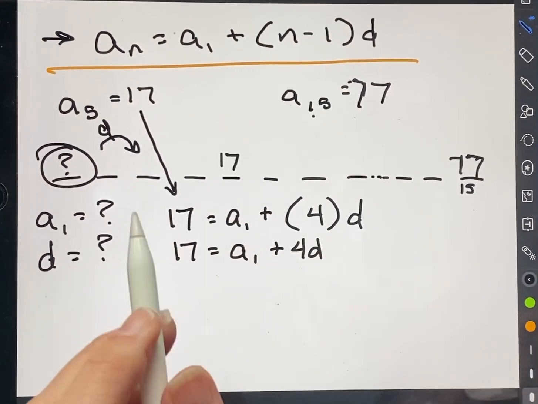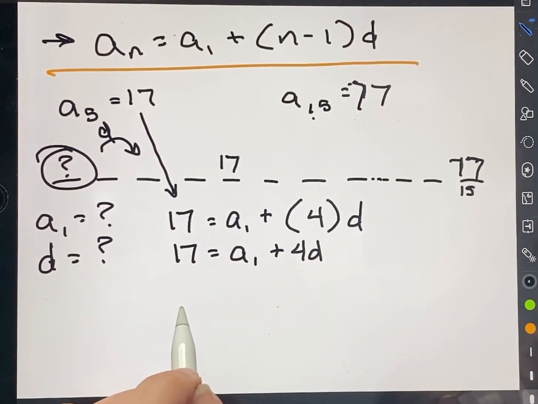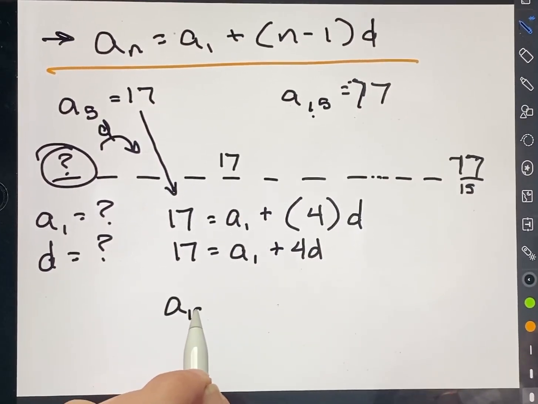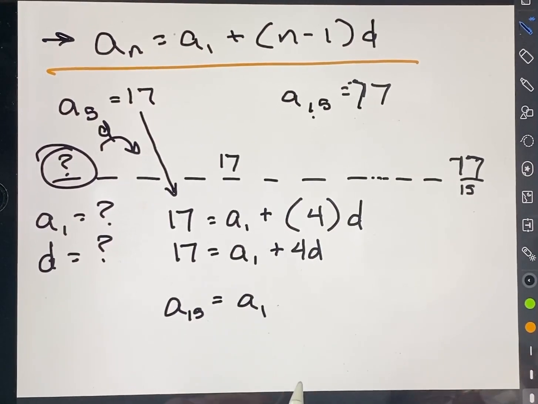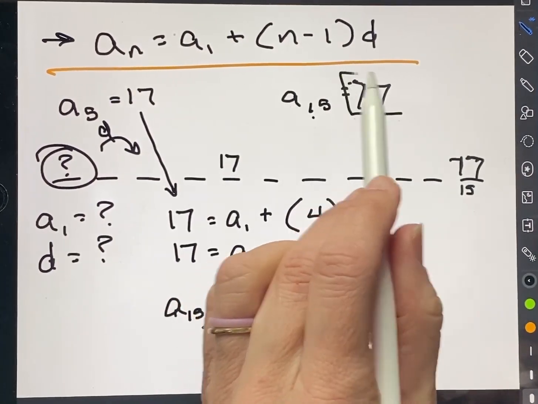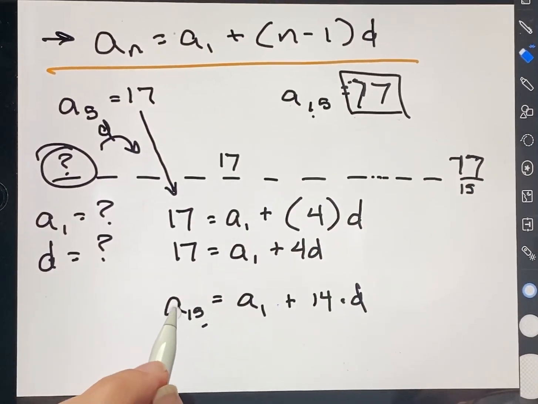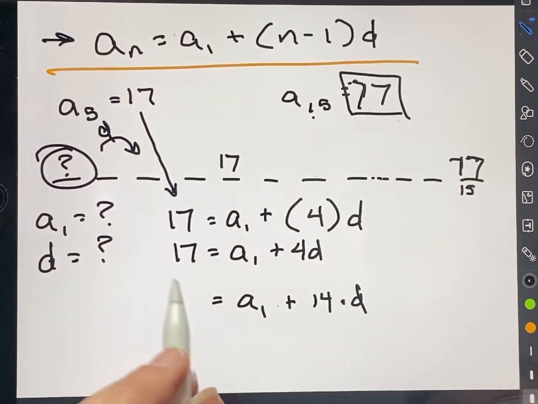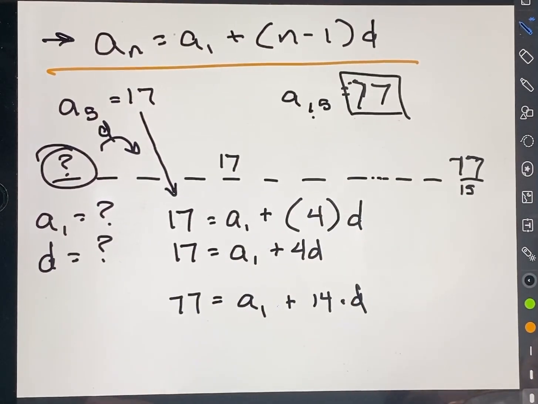Well, they gave us another one. Let's look at that. We have A sub 15 is equal to wherever I started, plus I know I would have to jump 14 times something. And by substitution, I'm going to replace A sub 15 with the value of 77.